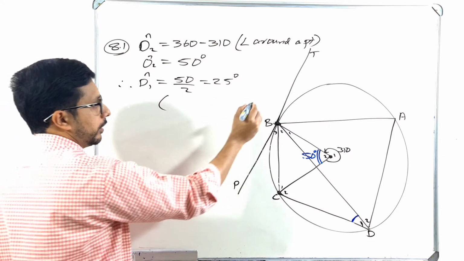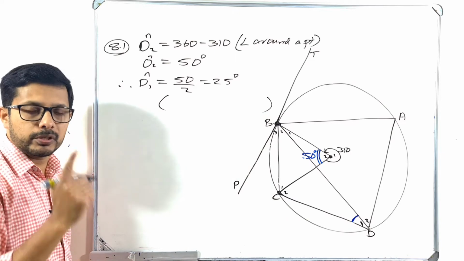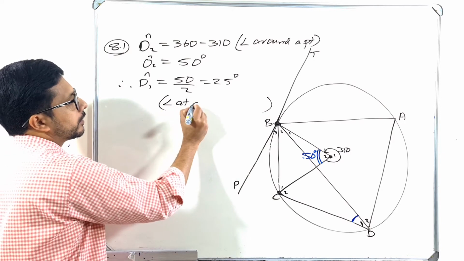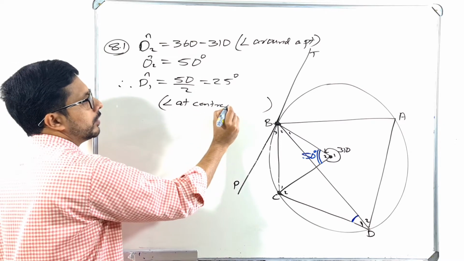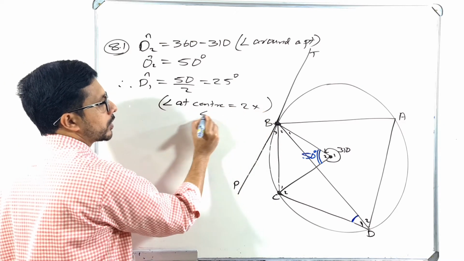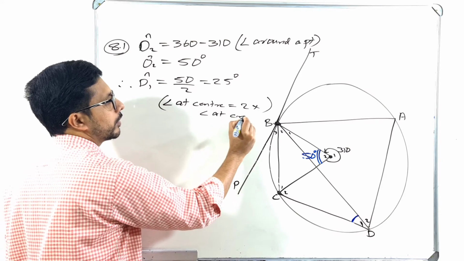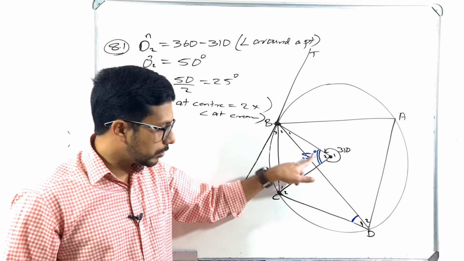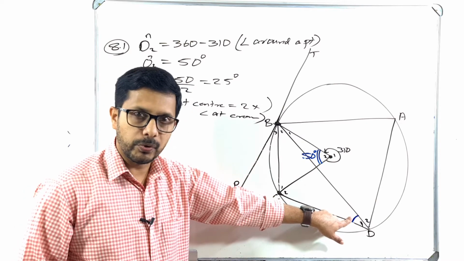What is the reason? You must write the reason, otherwise you will lose 1 mark. The reason: angle at the center is equal to 2 times angle at the circumference. So this angle is 50 degrees, so the angle at the circumference is 25 degrees.